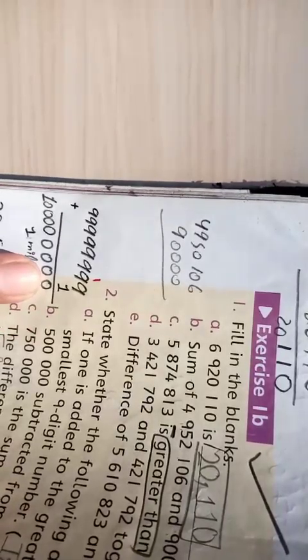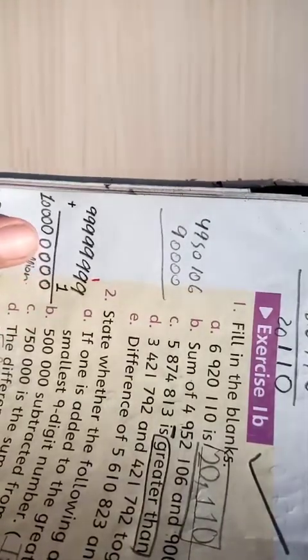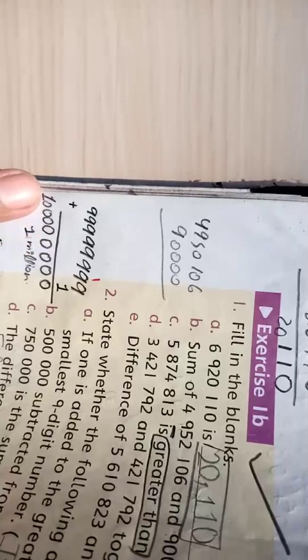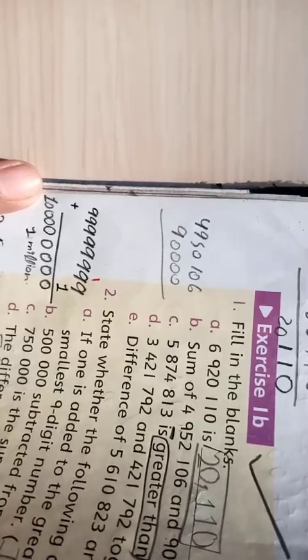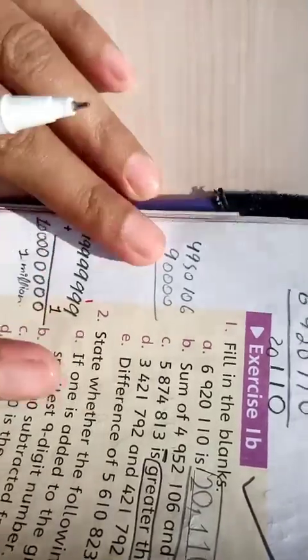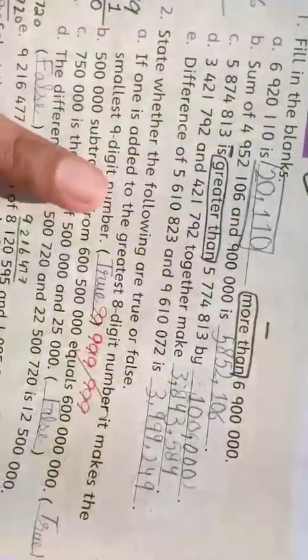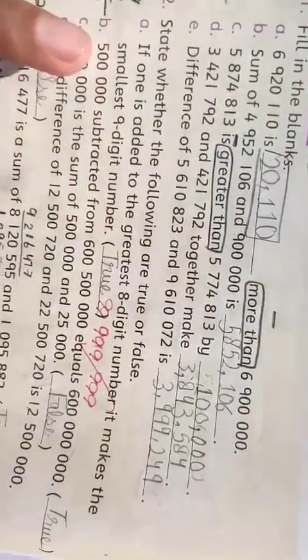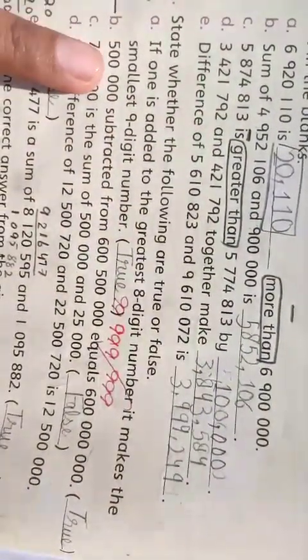Now count it: 100000000, which has 9 digits. This means that when we add 1 to the greatest 8-digit number, we get the smallest 9-digit number. So this statement is true. Now the second part B.